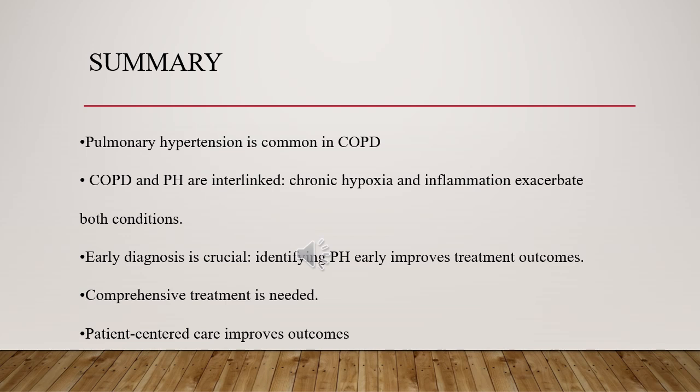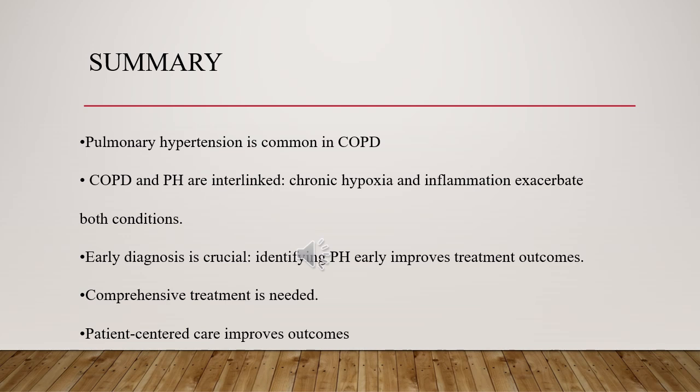Treatment strategies must be comprehensive, integrating oxygen therapy, pharmacologic treatment, pulmonary rehabilitation, and lifestyle modification to manage both COPD and pulmonary hypertension effectively. Patient-centered care, which involves tailoring interventions to each patient's unique needs and circumstances, has been shown to improve symptom control and quality of life.